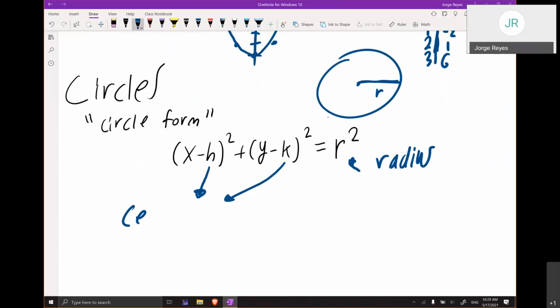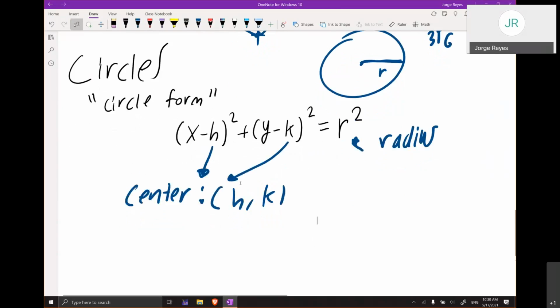The center of the circle is h comma k. Notice that the sign flips: this is negative h and this is just h. There should always be a sign flip when you write down the center.